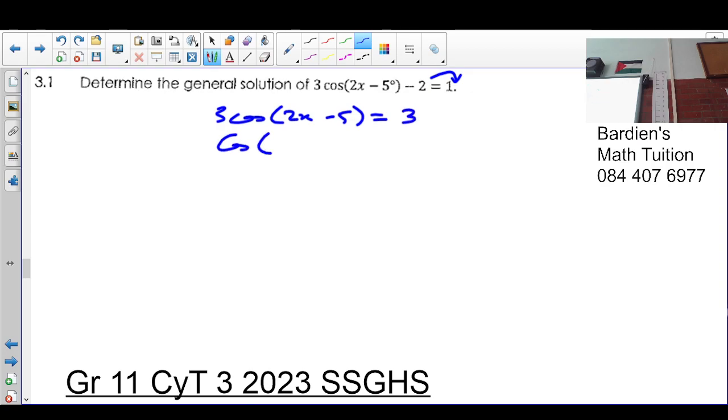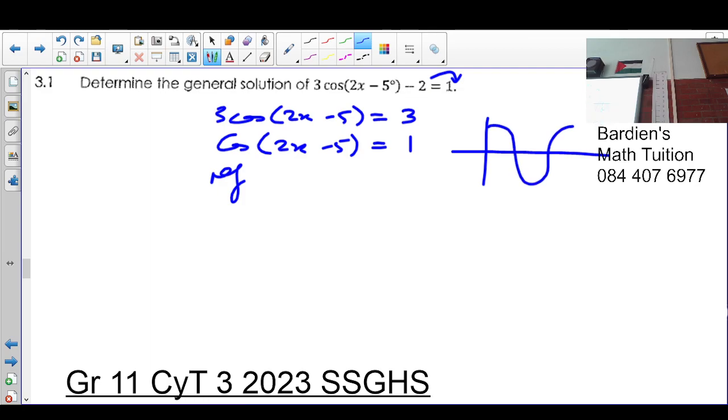Divided by 3, cos(2x - 5) = 1. Remember, when it's 1, we take it to the graph. The cos graph starts on top and does that. For 1, it's going to be 0 or 360. 0 and 360 is a repeated solution, so I just write it once. So 2x - 5 = 0.